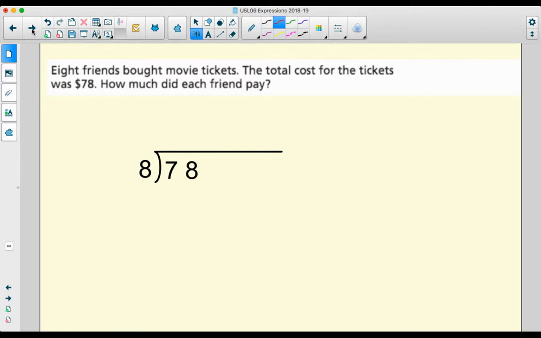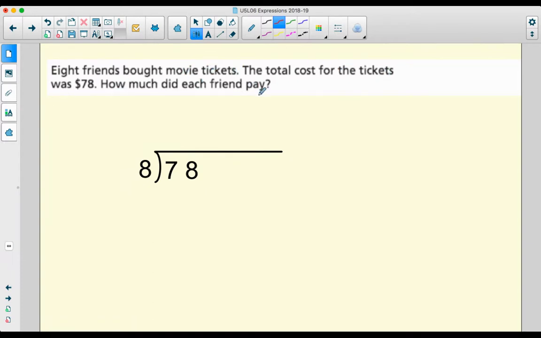Now, sometimes we need more in our dividend. When that's the case, we don't change the value of a number by adding 0. We already did this when we had remainders. If I have 8 friends who bought movie tickets, the total cost of the tickets was $78.